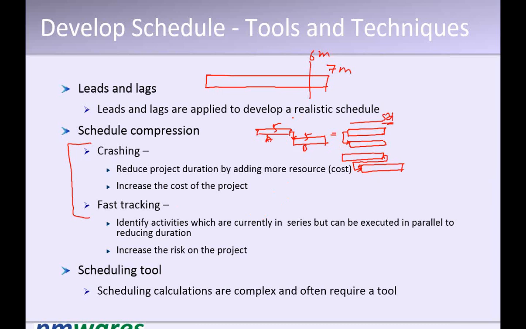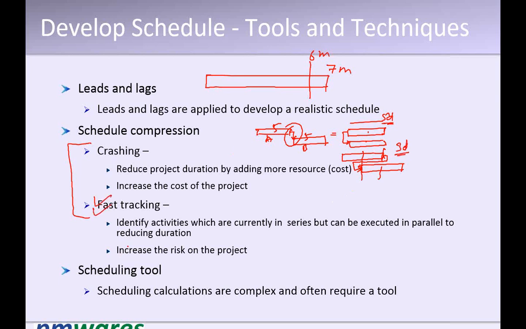This is only possible if this is a discretionary dependency. Mandatory dependency cannot be changed. So either I do this or I take a lead, 3 days lead. So I save 3 days here. This is called fast tracking.